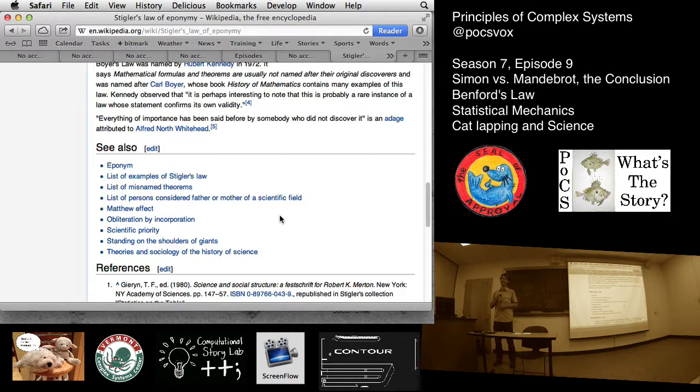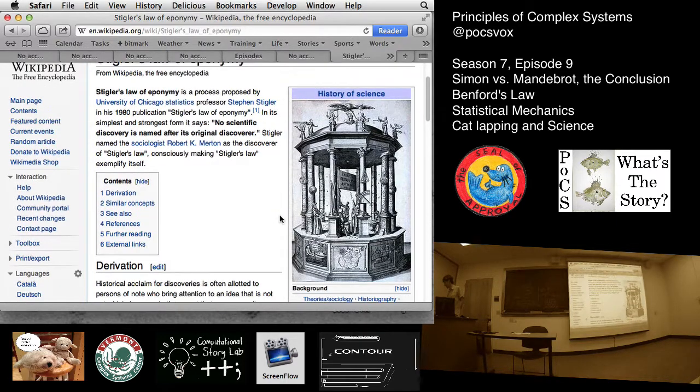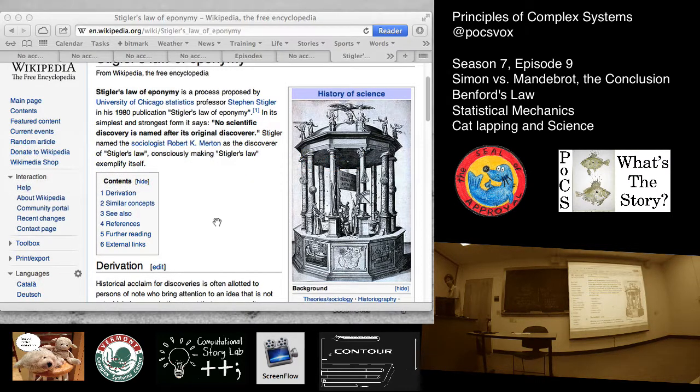Like von Neumann would have discovered it if it hadn't been discovered. Anyway, there's enough self-awareness of humans to have produced this. This is a good thing.